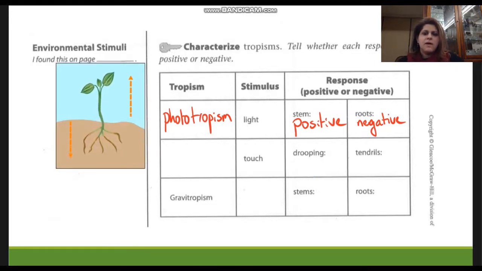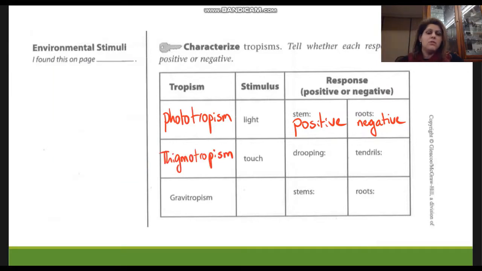So about the touch, so we mentioned the touch in here. It's the stimulus. So what is that tropism called? Thigmotropism. So remember everything that has to do with the touch, okay, the flytrap closing, the little leaves closing on themselves, the little tendrils wrapping around a stick.